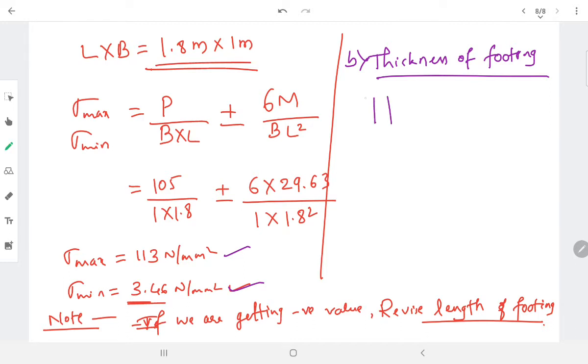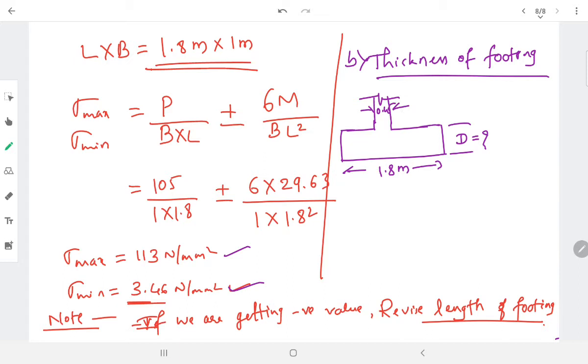In this, draw the column and here we know that this is 1.8 meter and the other side is 1 meter, but we don't know the thickness. And here the width of the column is 0.45 by 250.